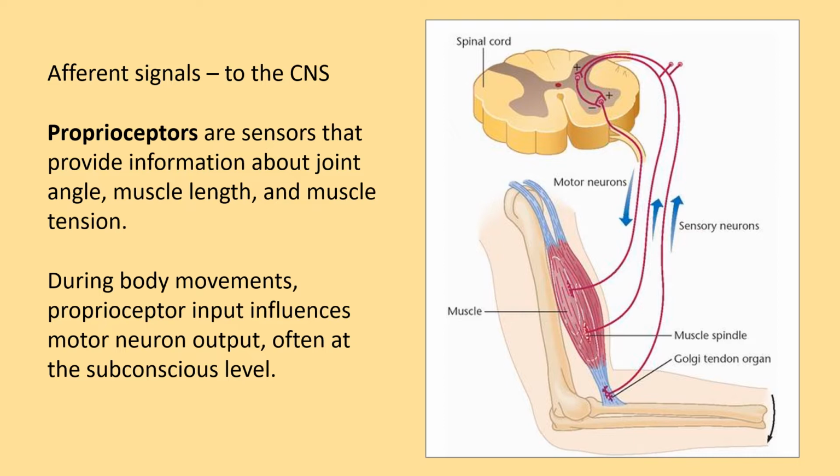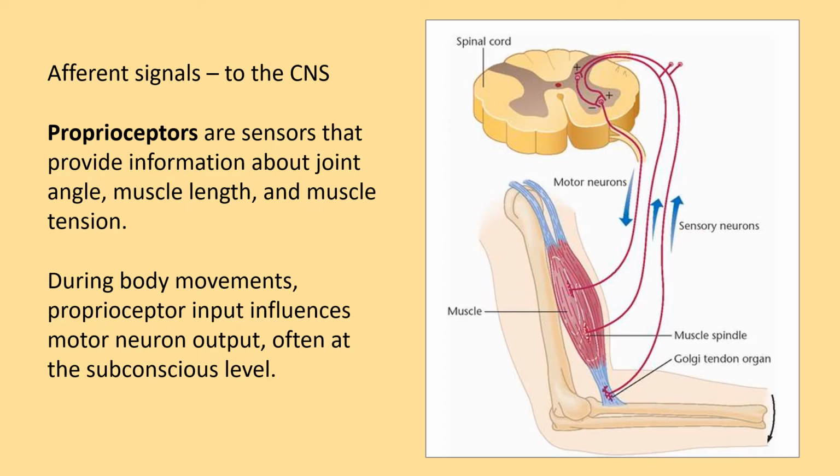And these proprioceptors are constantly generating action potentials, and the central nervous system interprets those action potentials in a way that provides information about what our bodies are doing in space.